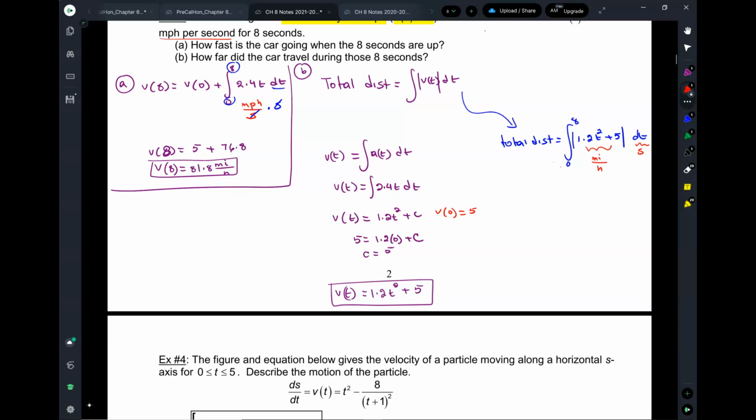I need to end in miles, right? So I need to multiply. For this, I get 244, but I need to divide it by 3,600 in order to get the correct miles of 0.068 miles. So I need this dt to have been in hours as well. So I need to divide by 3,600 in order to make it into hours.